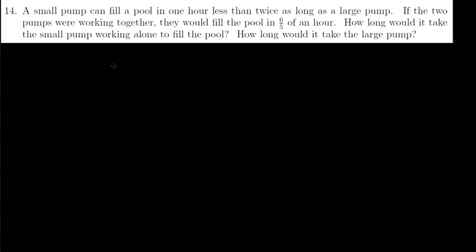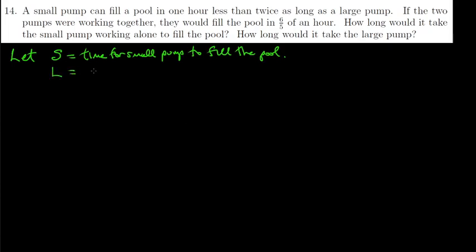All right, well, we're looking for the amount of time, right? So let's let S be the time for the small pump to fill the pool, right, by itself. And then let's let L be the time for the large pump to fill the same pool, again by itself.